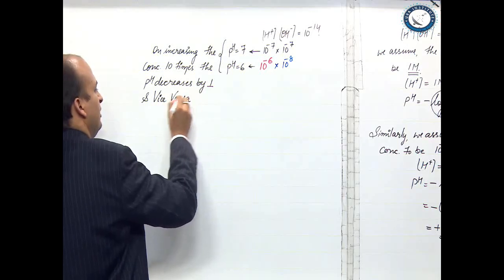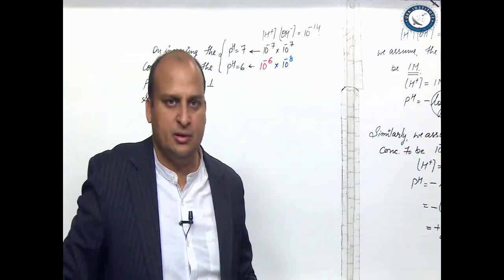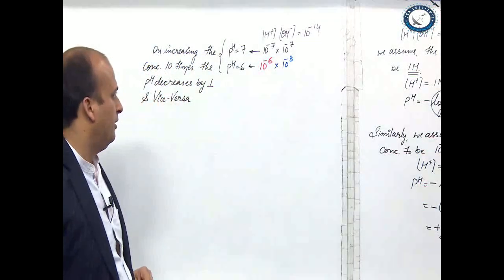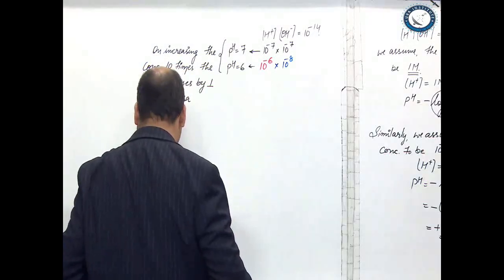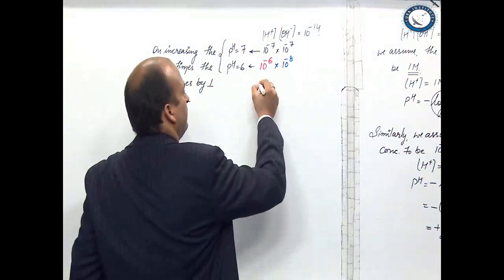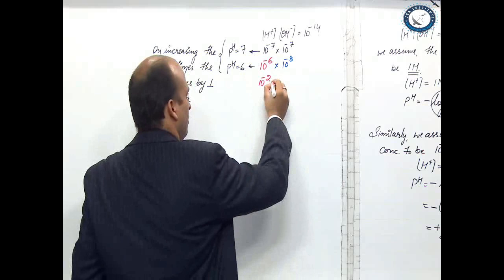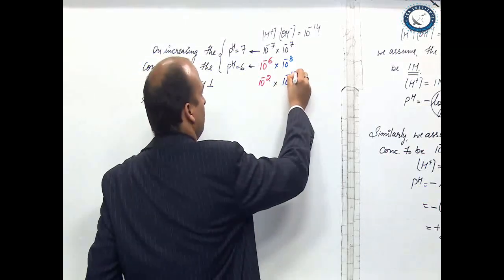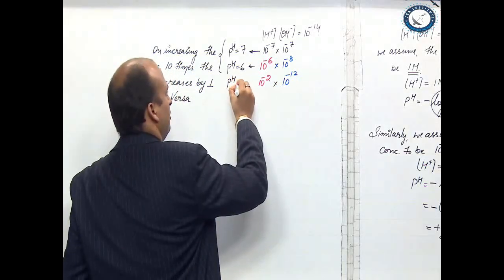Vice versa means if you dilute the solution 10 times, the pH will increase by 1. Okay. Now, if you decrease the value to say 10 raised to power minus 2, this value becomes 10 raised to power minus 12. So here the pH becomes equal to 2.